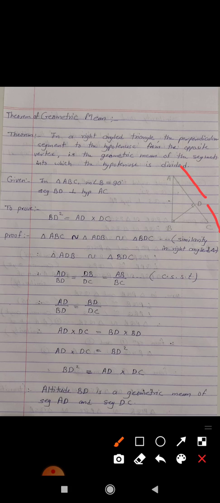That is, the hypotenuse is divided into two parts. So this is the geometric mean.